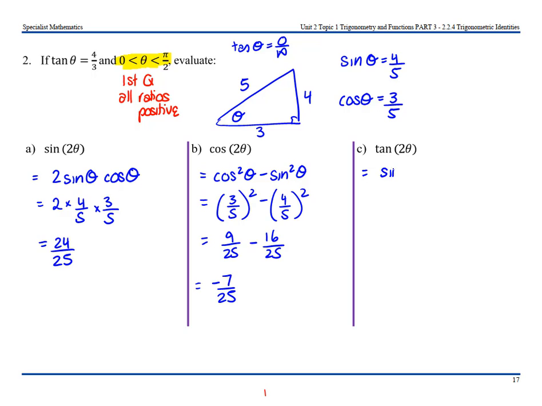Tan 2 theta is sine 2 theta divided by cos 2 theta. So 24 over 25 divided by negative 7 over 25, which is 24 over 25 times negative 25 over 7. 25s cancel, so that's negative 24 over 7.